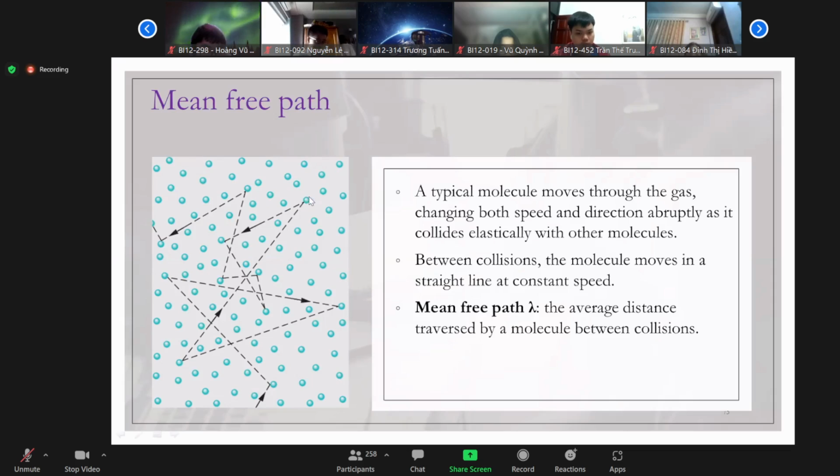For example, this molecule collides here, it changes direction here, so the distance here should be different than the distance traveled here. So what is the average distance traveled by this molecule between the collisions? This is what we want to study.